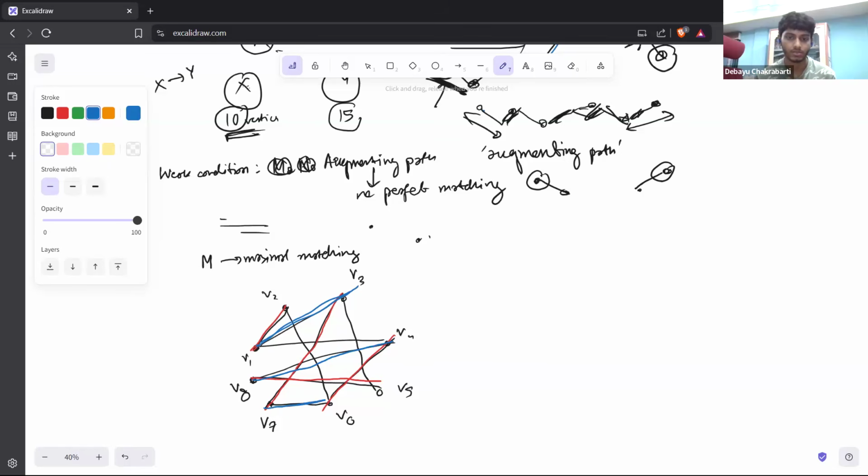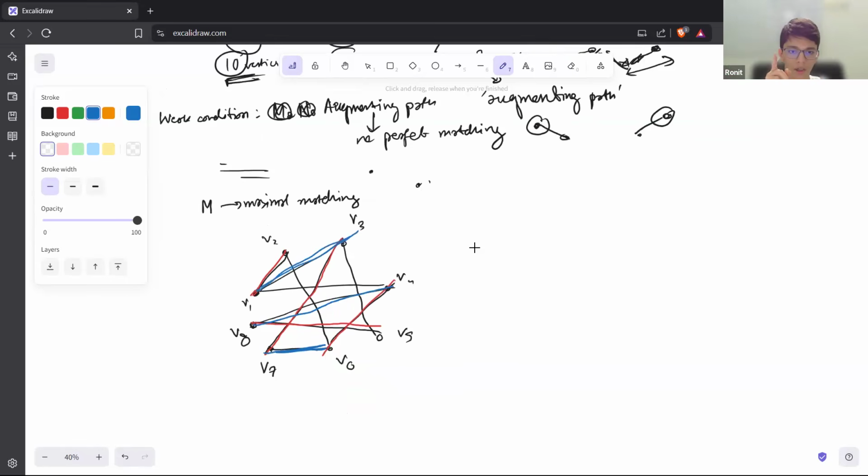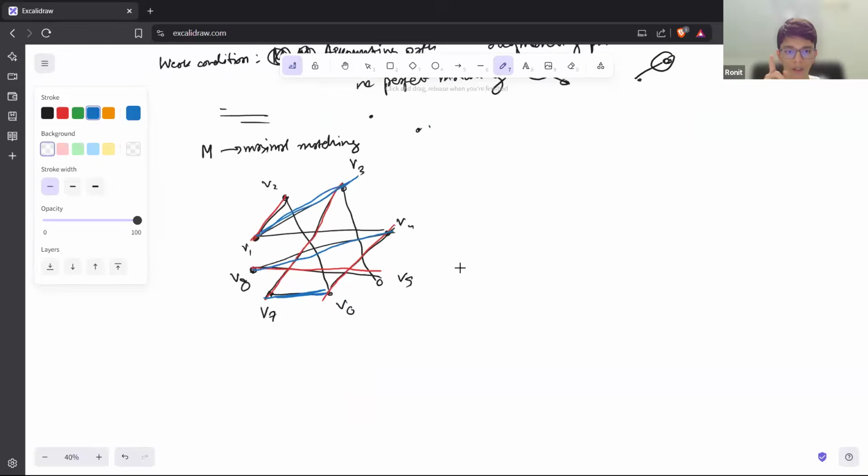Okay, V7, V6. So what's really happening? Here you can have an augmenting path V3, V7, V6, V4 in the blue matching.